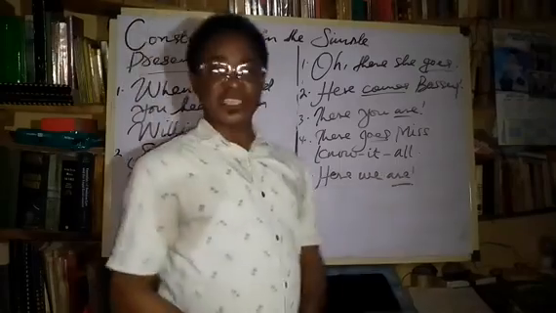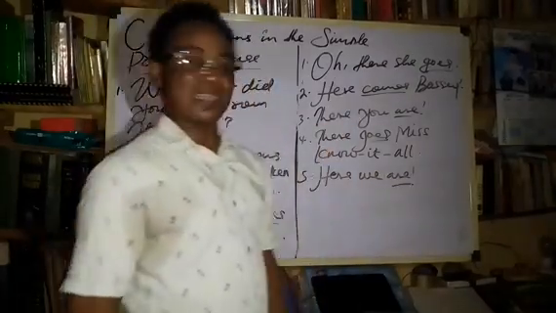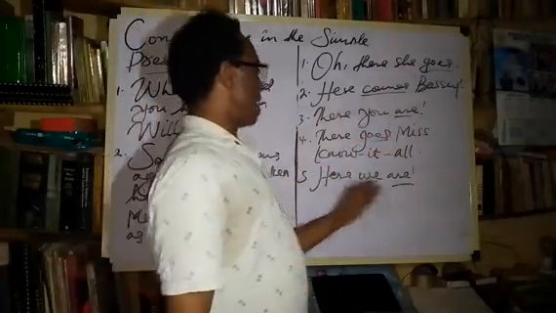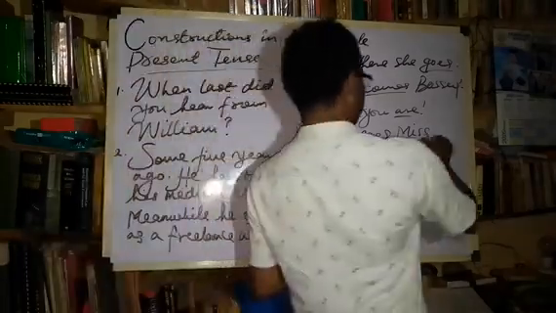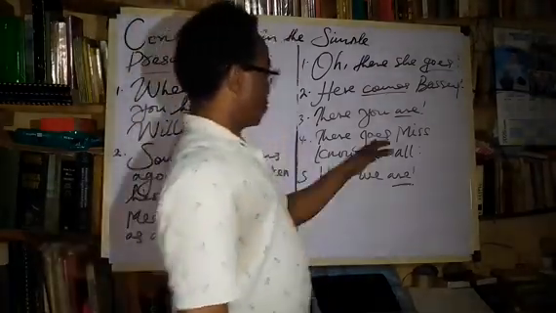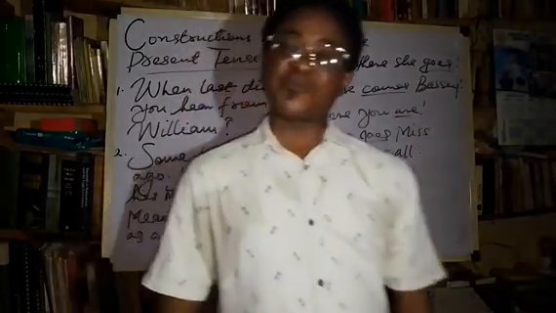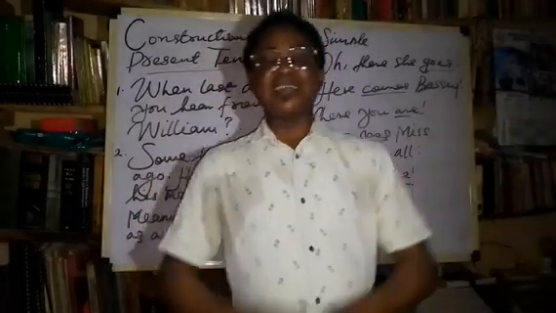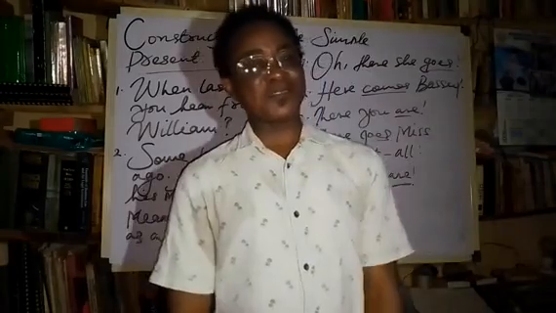Oh, there she goes. Here comes Bassy. There you are. There goes Miss Know-it-all. Here we are. Are, goes, are, comes, and goes are all examples of verbs in the simple present tense. They are used in this sort of exclamatory expression.